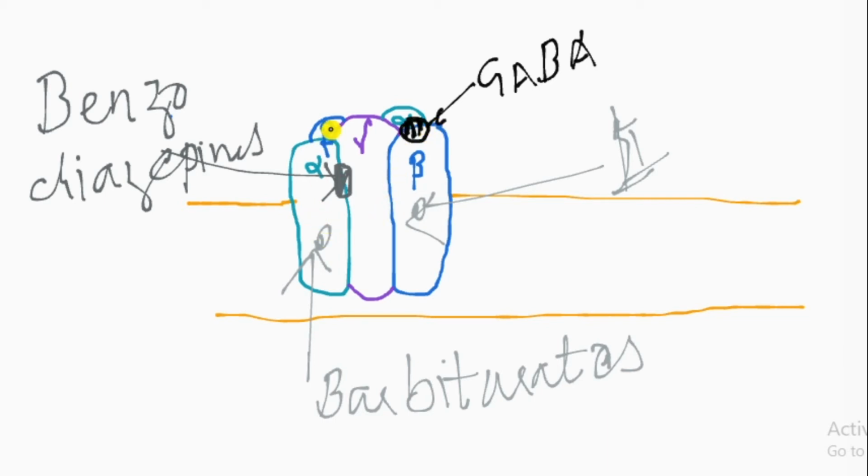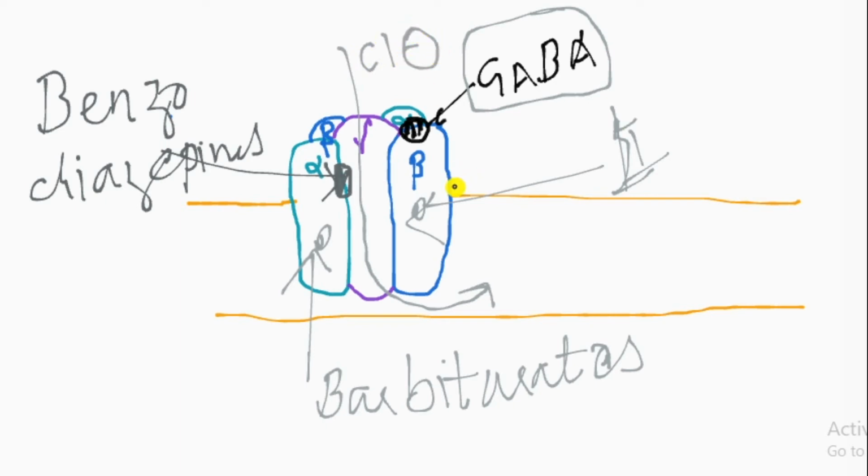They just bind with the alpha, or between the alpha and gamma, and enhance the affinity of the GABA A receptor towards the GABA. So it leads to chloride influx.